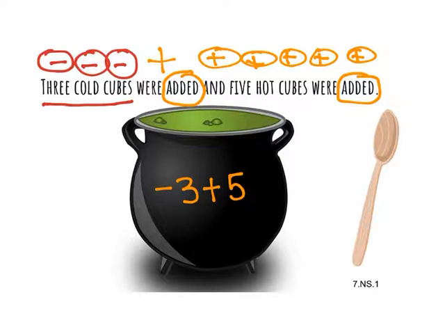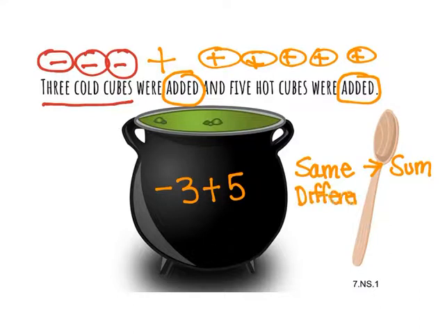Now, let's look at this. We talked about, in one of our recent videos, about adding integers. And we said that if the signs are the same, you find the sum. If the signs are different, you find the difference.